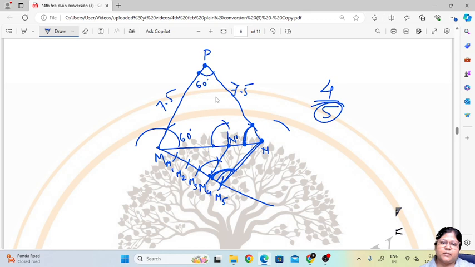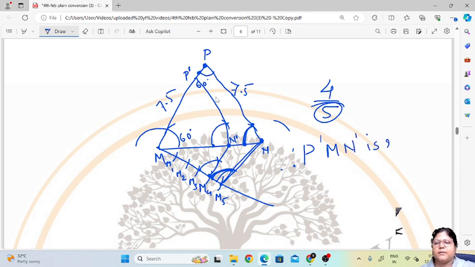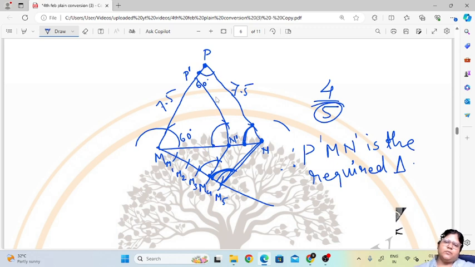Now you can join this. See, it is not perfectly here, but you will get it perfect if you do it properly. You will get P dash here. Now P dash M N dash is the required triangle. You will write, therefore, P dash M N dash is the required triangle, which is 4/5 of PMN.